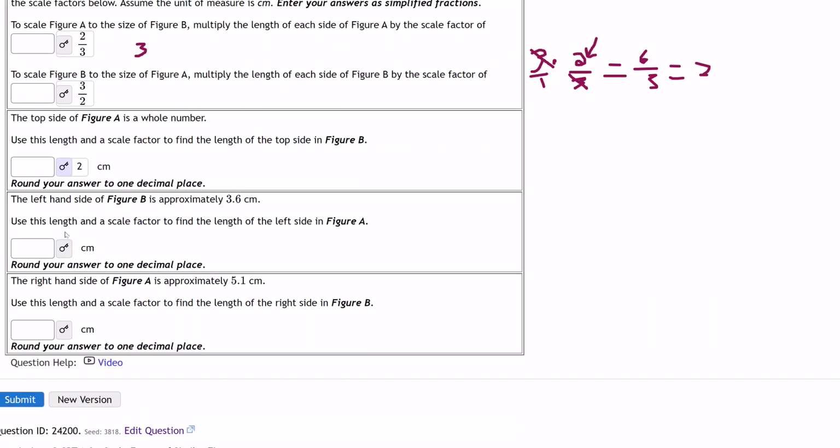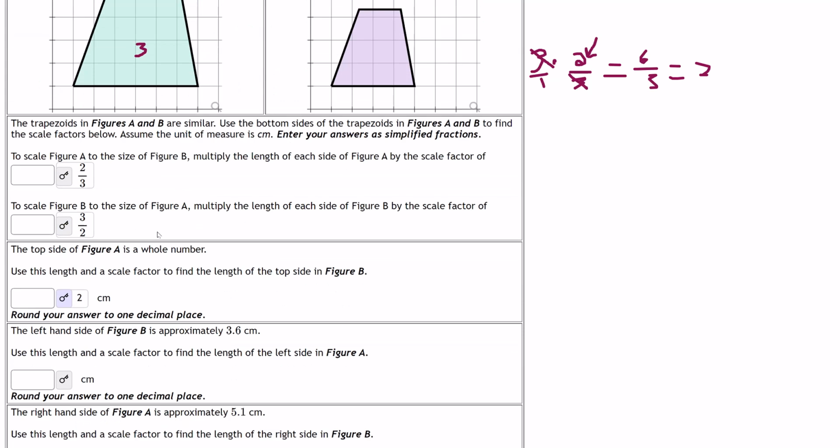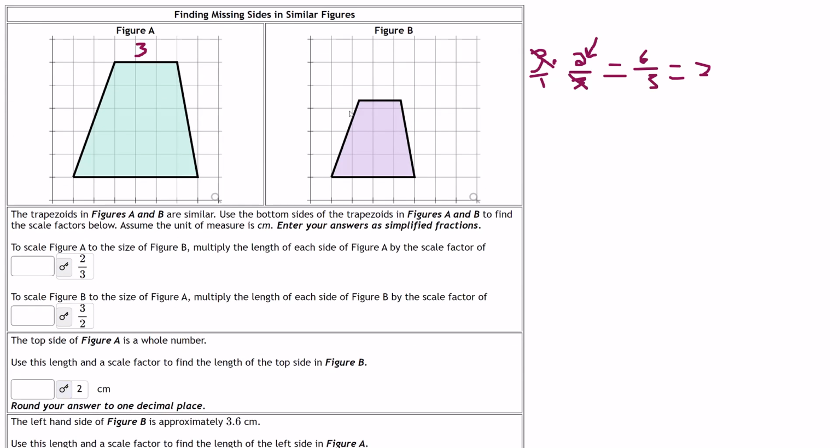All right, next one. The left-hand side of figure B is approximately 3.6. Use this length and scale factor to find the length of figure A. So figure B, they're saying this length here is 3.6. Now I want to figure out what this length is. Well, we have a scale factor for that. If I'm going from B to A, that was 3 over 2.